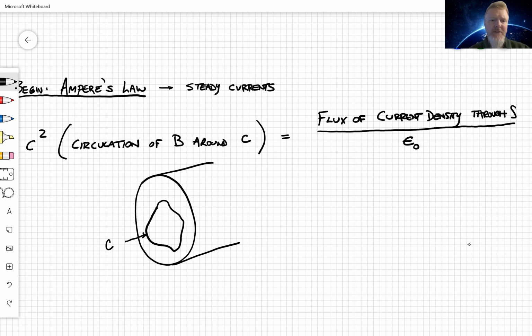This is the area through which the current density is fluxing.